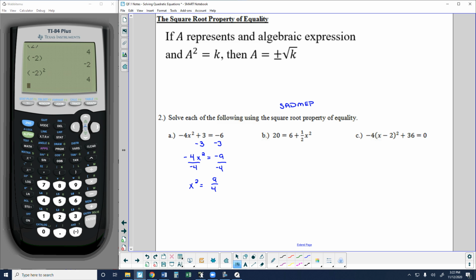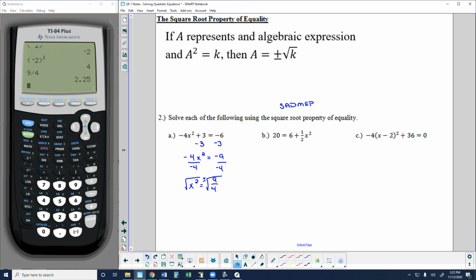I'm going to leave this as a fraction, because if you put it into a decimal, it's going to be difficult for us to take the square root of decimals. We don't know how to square root 225. But if I want to get rid of this exponent, this square, I'm going to do the inverse operation. I'm going to square root. Remember from the square root property of equality, I'm looking for both positive and negative instances here.